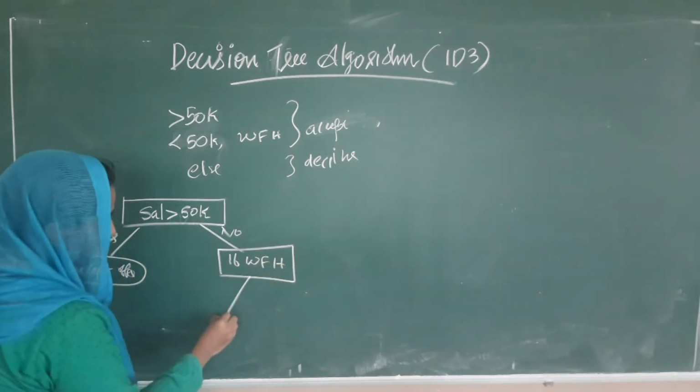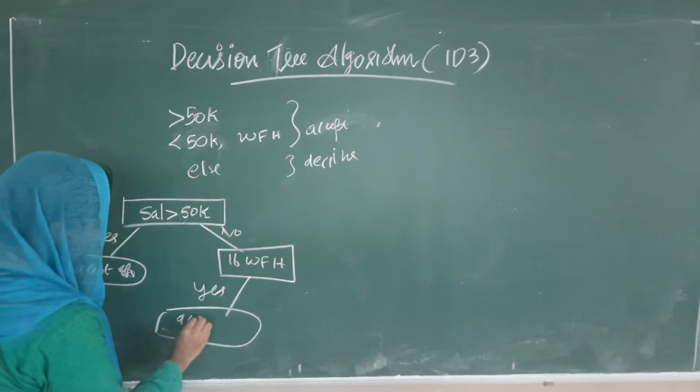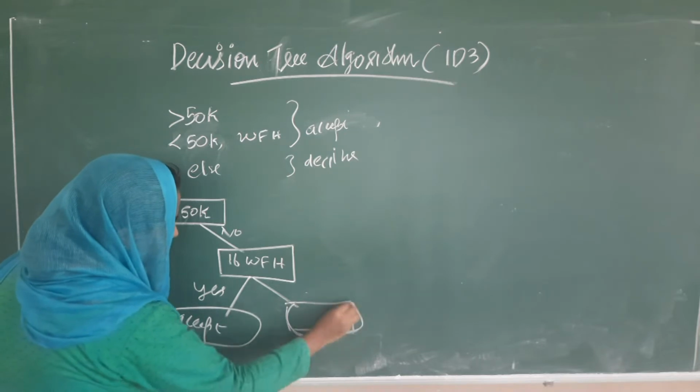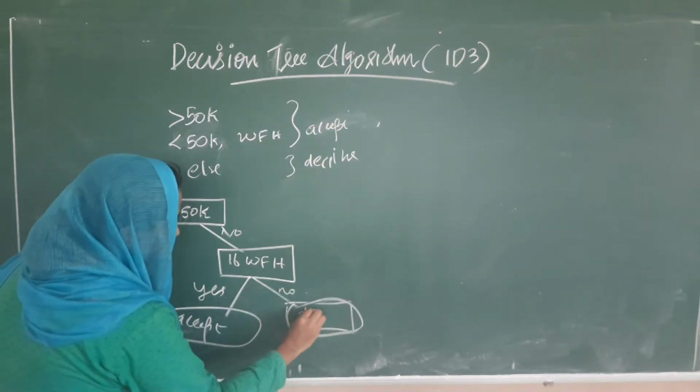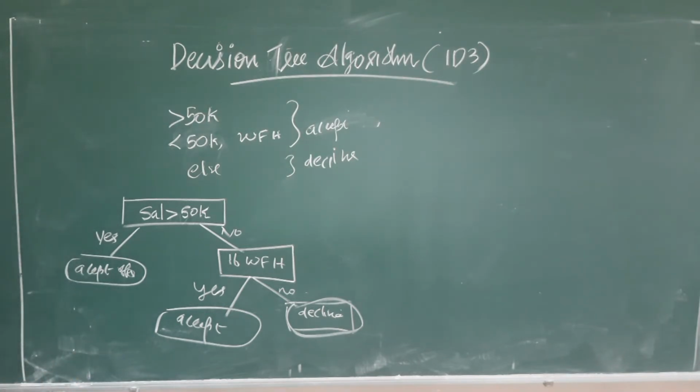If work from home facility is available, he will accept the offer. Otherwise, he will decline the offer. So, assume that this is a decision tree for making a decision whether a person will be accepting or declining a job offer.